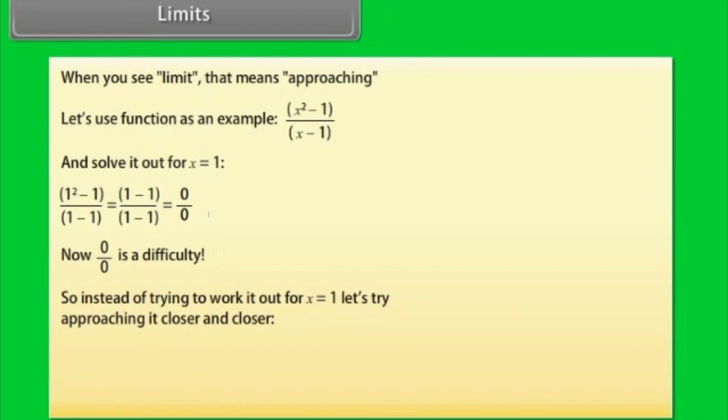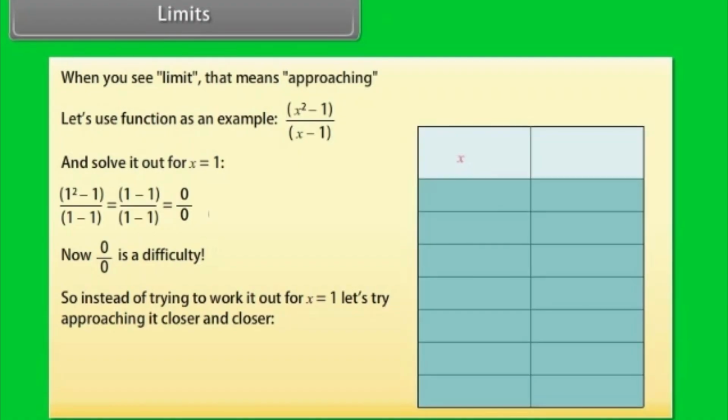So, instead of trying to work it out for x is equal to 1, let's try approaching it closer and closer. For x is equal to 0.5, the value of the function is 1.50000. For x is equal to 0.9, the value is 1.90000. For x is equal to 0.99, the value is 1.99000.